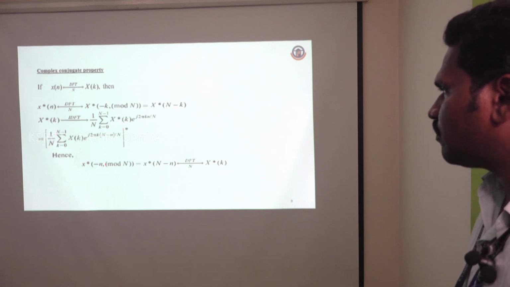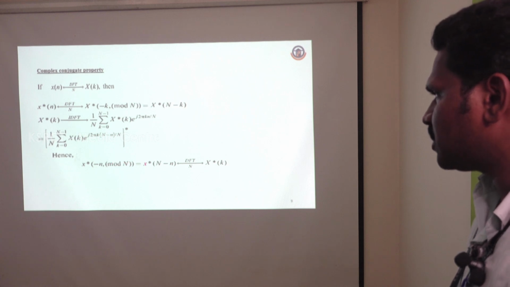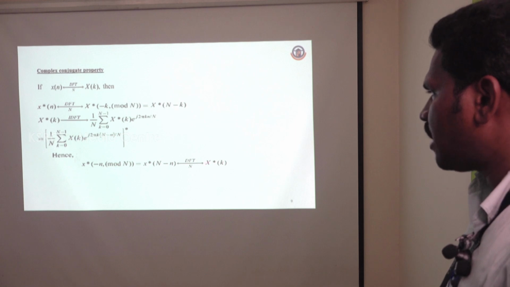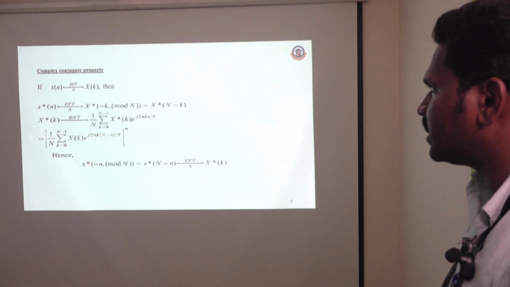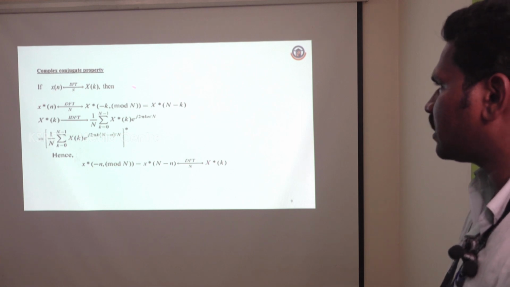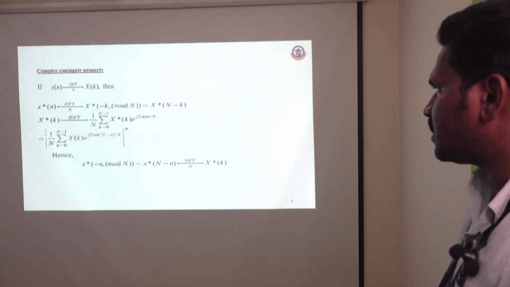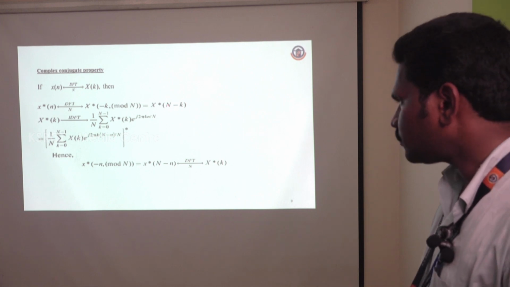Therefore, x conjugate of minus n, comma modulus operator N, which is equal to x conjugate of N minus n, is equal to, by taking a DFT, capital X conjugate of k. Therefore, the conjugation is to be applied over here. So if you are shifting the samples, small n tends to be capital N, and they are conjugated by the sample of N minus k.